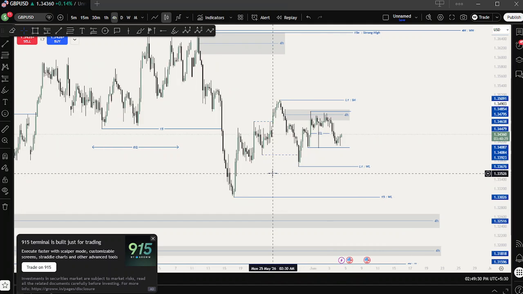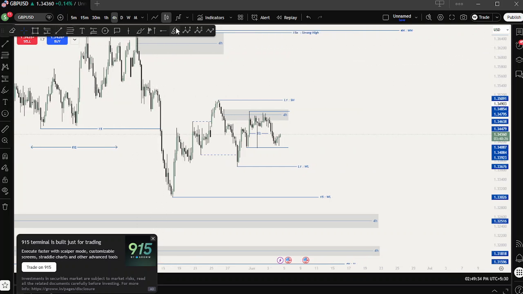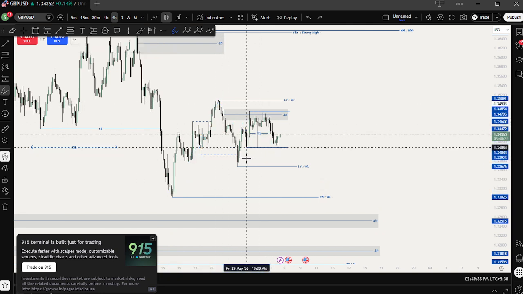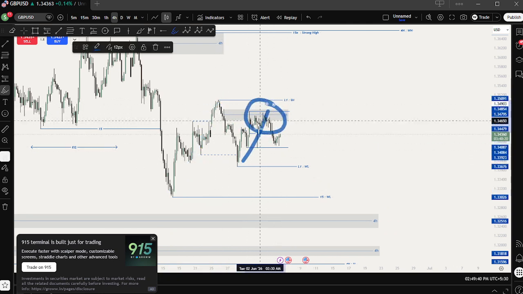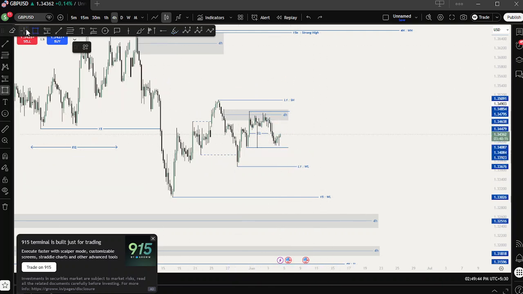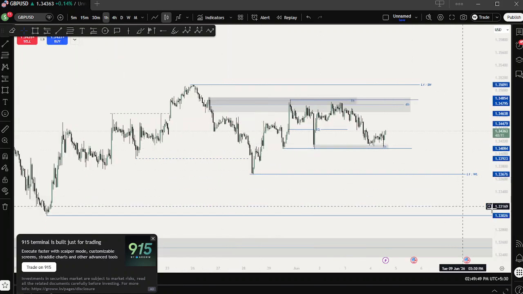Alright, now since I am following the 15-minute structure, we had this pullback, we are now in the continuation, we mitigated the strong POI, we are currently in that zone of the underlying trend. So what is that?